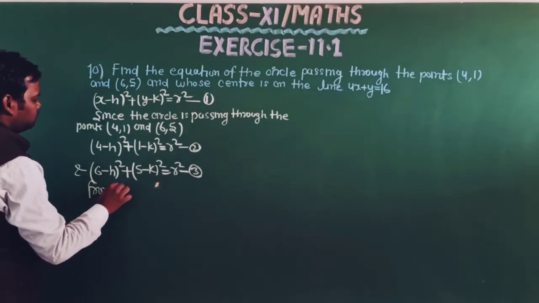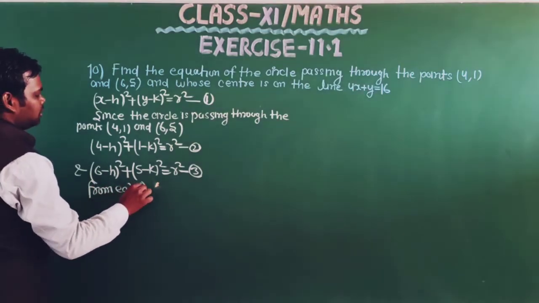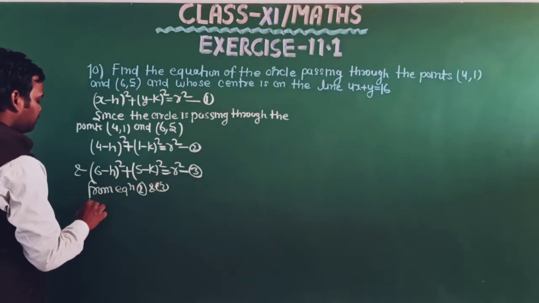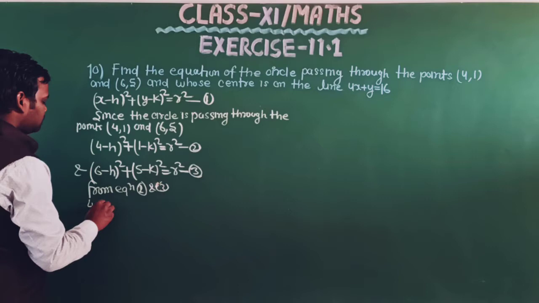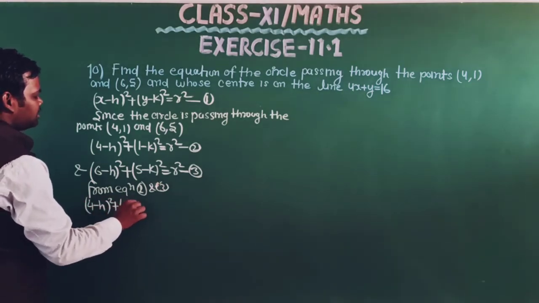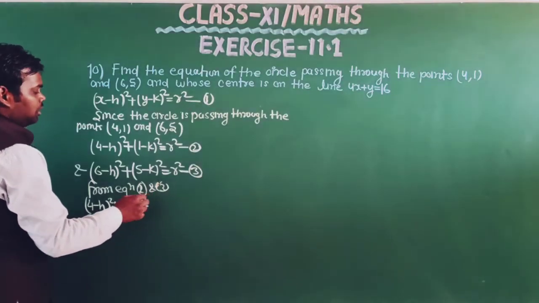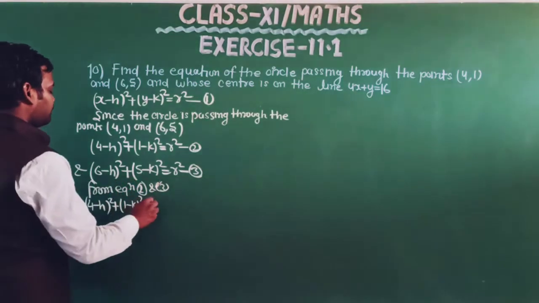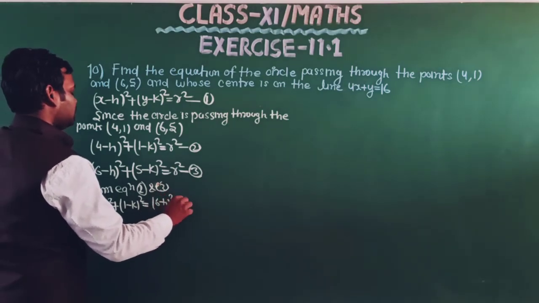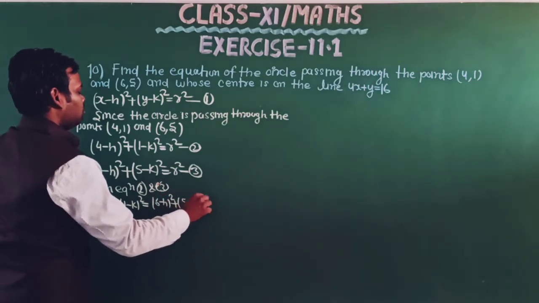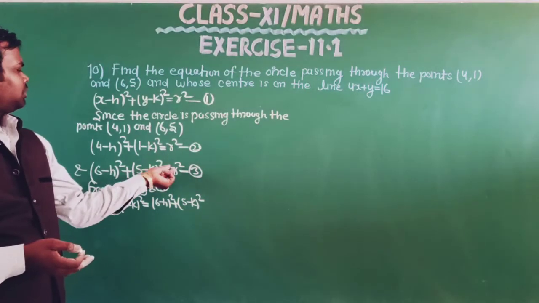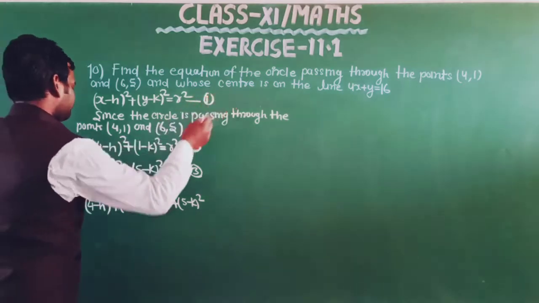Now from equation 2 and 3: (4 minus h) whole square plus (1 minus k) whole square equal to (6 minus h) whole square plus (5 minus k) whole square, because here r square is common to both.